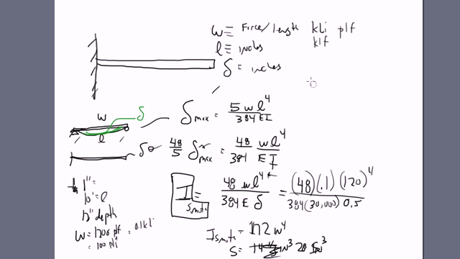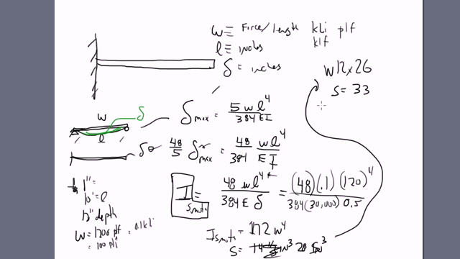So you're back to here, and you're going to just select, based on this, a W12 by 26, and the section modulus was 33. The last thing you want to know is the bending stress, which is equal to M over S. And then you have to now go back to another formula that we know, so we selected that.